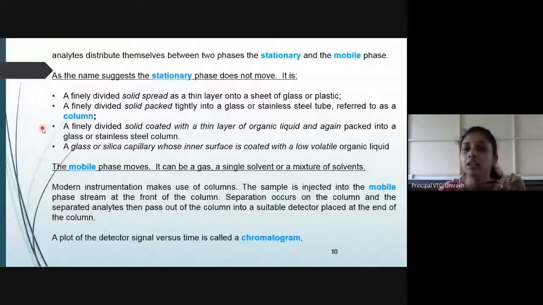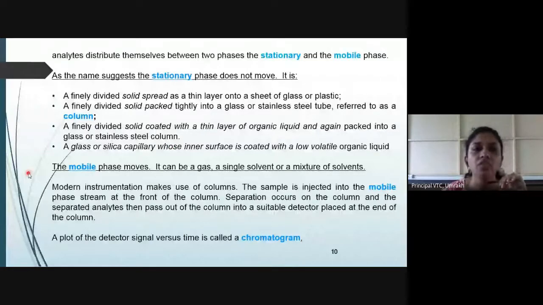The difference between the third and fourth is that in the third, the liquid is coated on finely divided solid and then packed in the column, while in the fourth the liquid is coated directly on the inner surface of the capillary through some bonding or interaction. So we have different kinds of stationary phase.